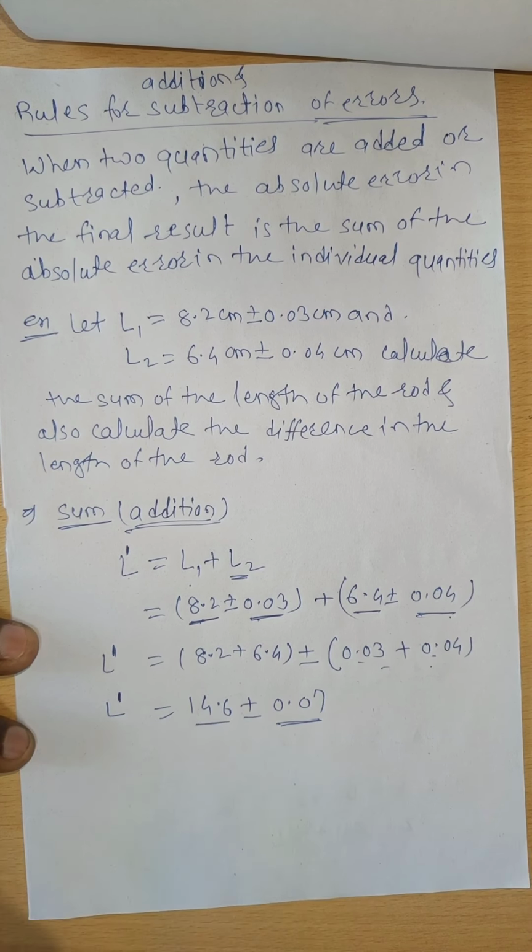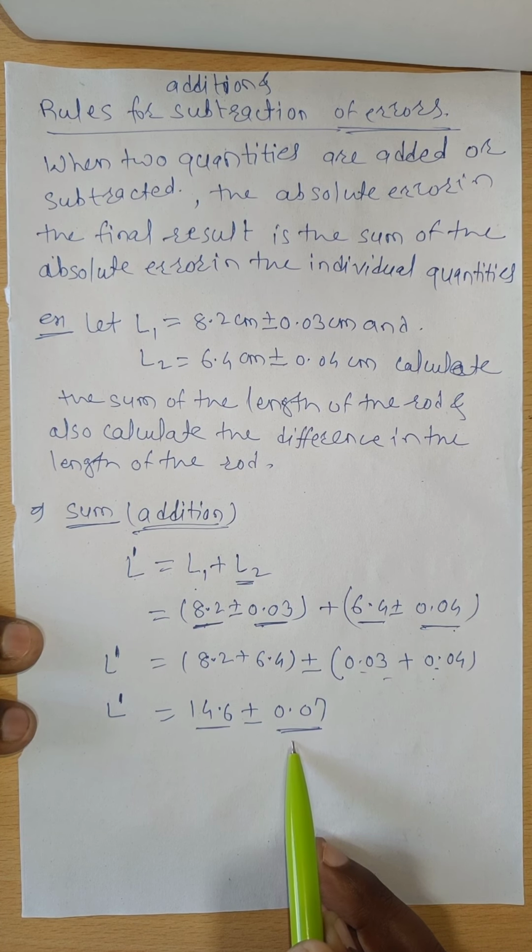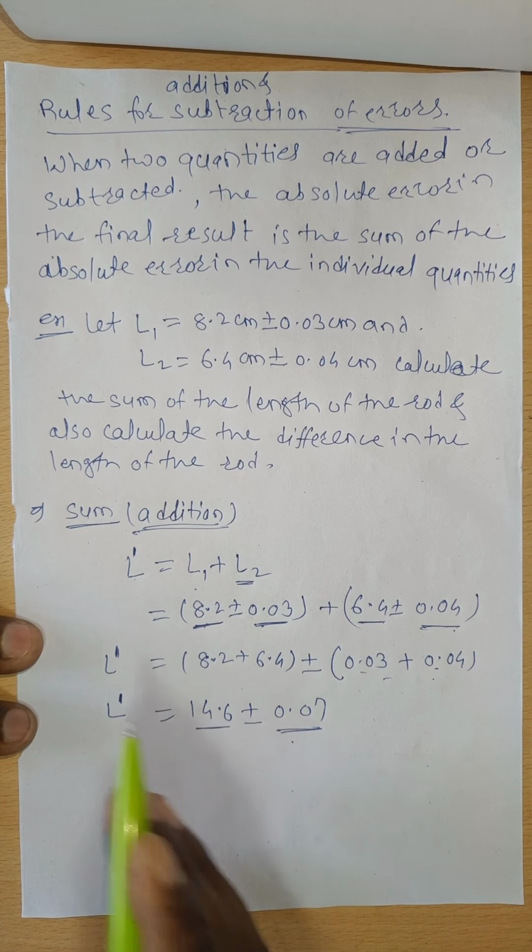This is the true value of the addition of the two rods, and this is the error occurring while measuring the total length of the rods.